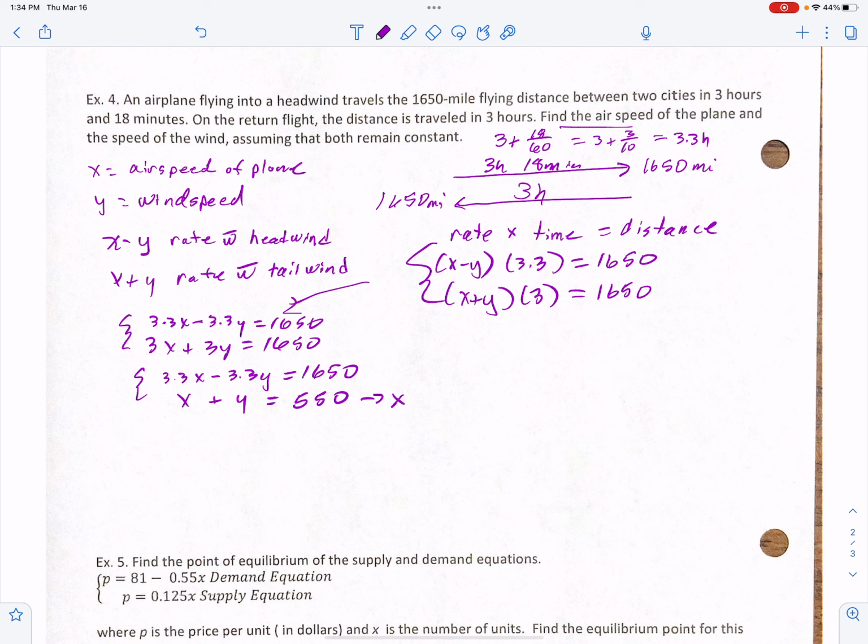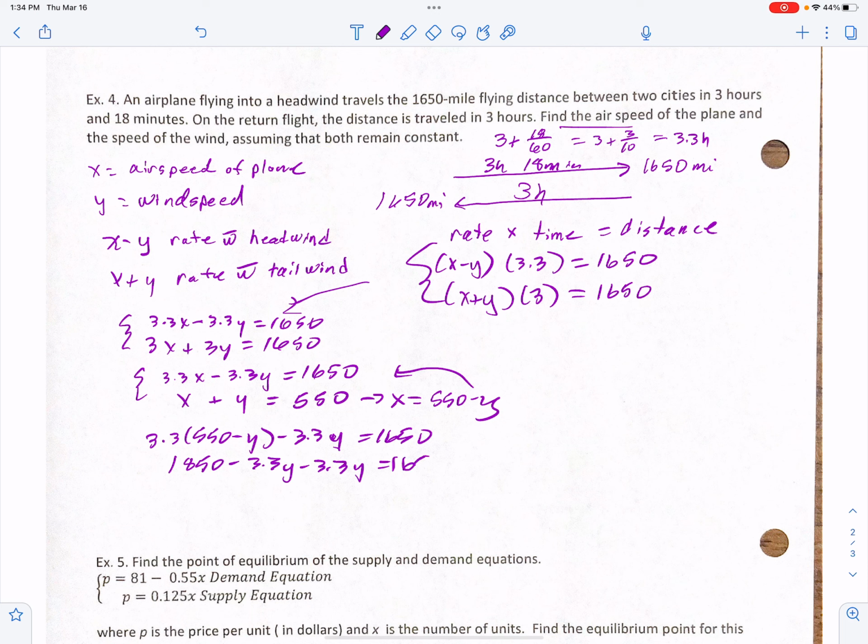If I say x is 550 minus y and substitute it into the top equation, and then if I distribute this, so here I've got a minus 6.6y.